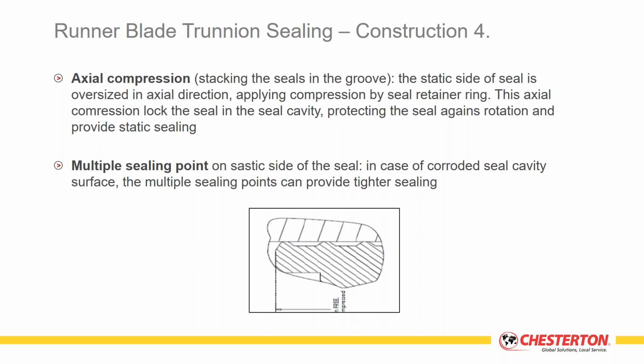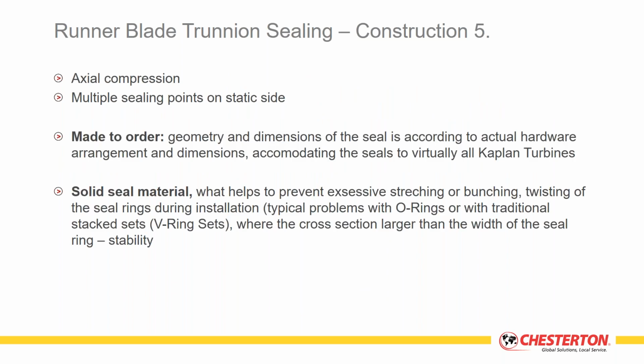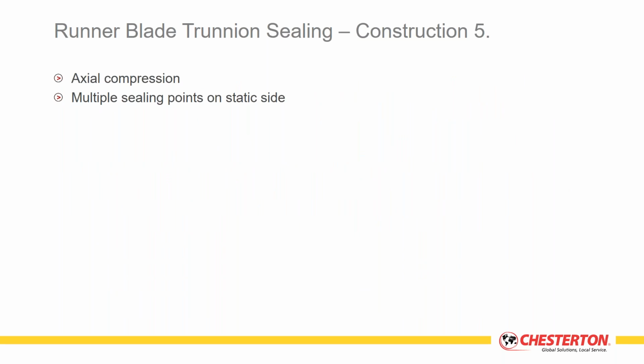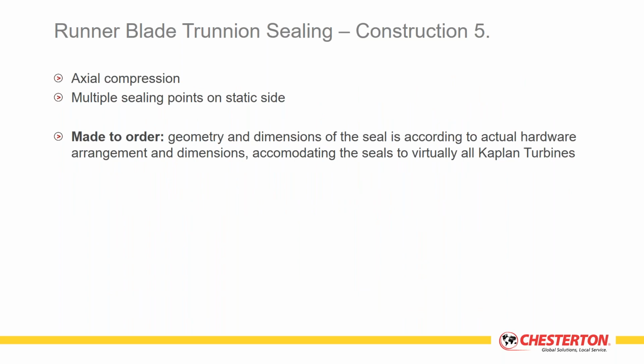And multiple sealing points are important as well, because in many cases we see that the surface finish, the surface condition of the stuffing box, is not perfect. What can be the reason? Corrosion, erosion of the surface, or physical damage.